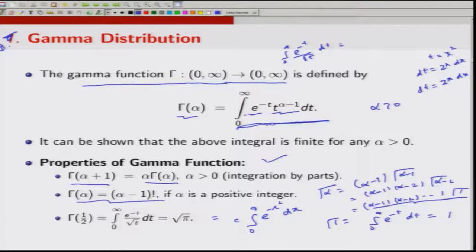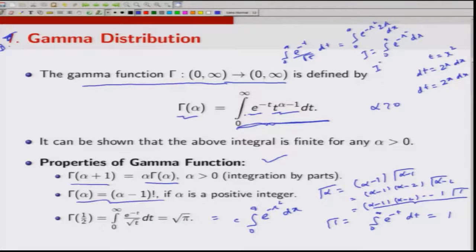So, gamma half, that means this integral becomes 0 to infinity e to power minus x square, dt becomes 2x dx, and root t becomes again x. So, this gets cancelled. So, 2 times dx, and then one can get the value of I, which is integral 0 to infinity e to power minus x square dx, through the following.